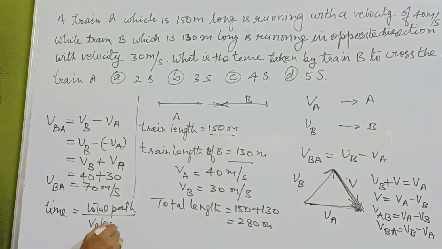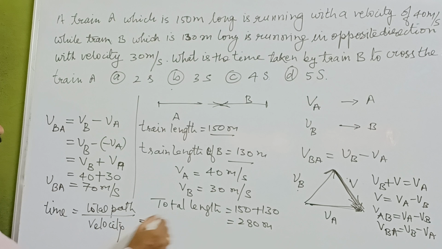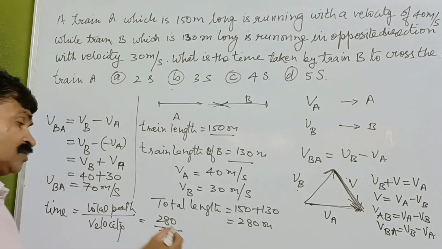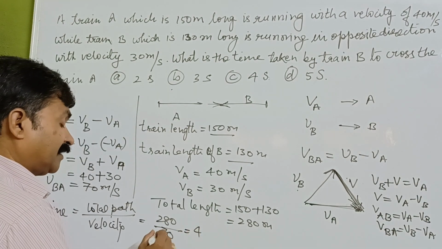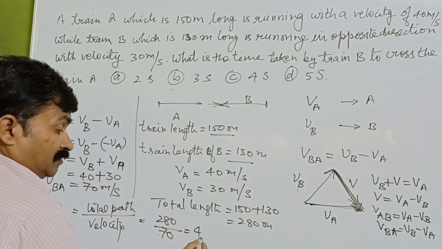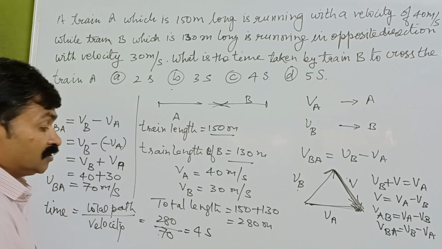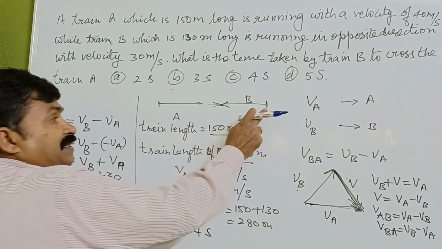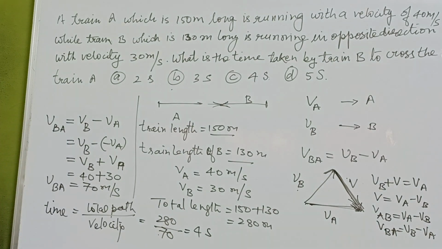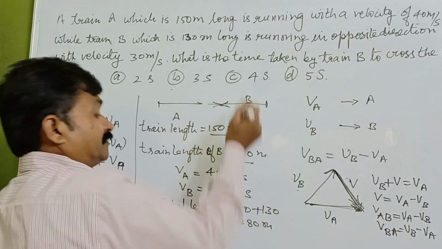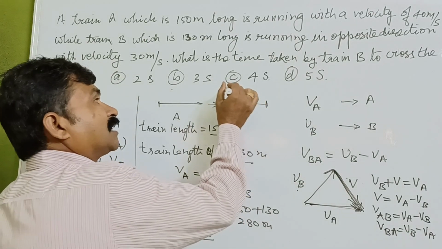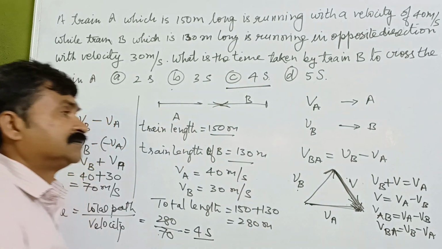The total path is 280 meter and the velocity is 70 meter per second. So finally we have 4 seconds. The time taken by train B to cross train A is 4 seconds, so the correct option is C.